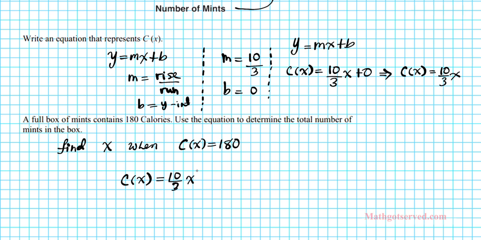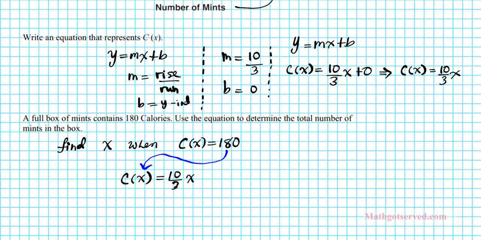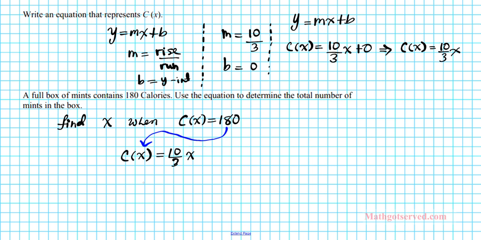Now what we're going to do is plug in 180 into c of x and solve for x. All right, so let's go ahead and do that. We're going to have 180 is equal to 10 over 3x. Now to get x by itself, you multiply both sides by 3 over 10, which is the reciprocal of the coefficient of x, 10 over 3.